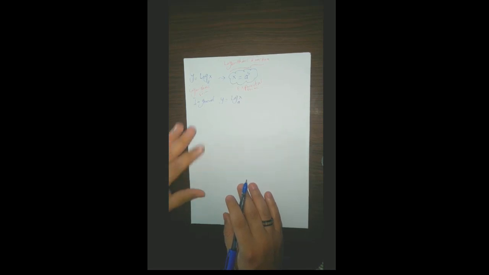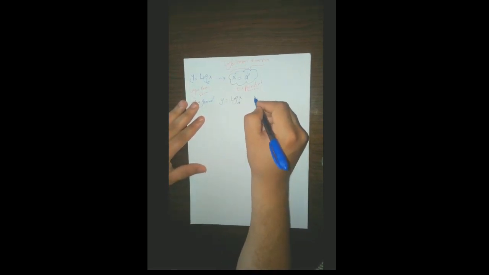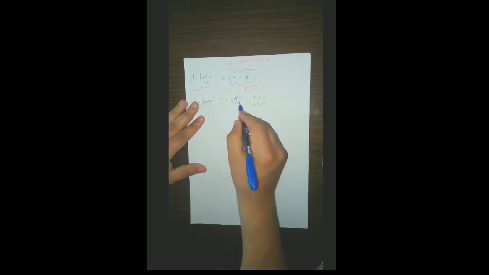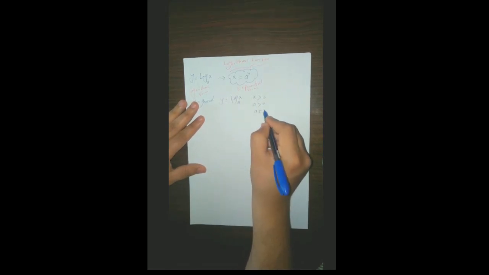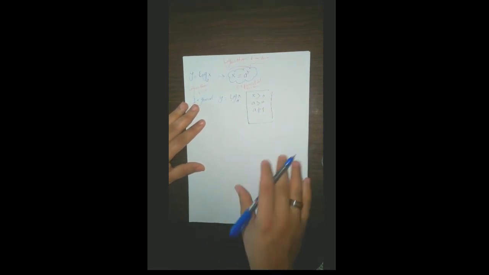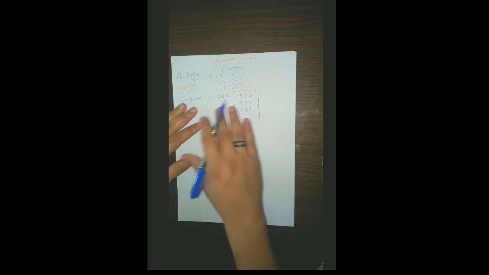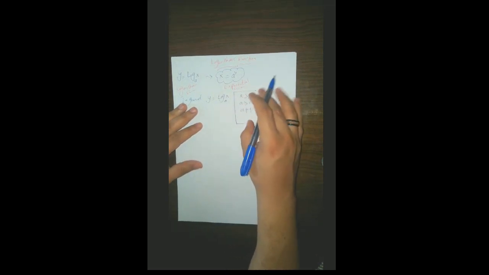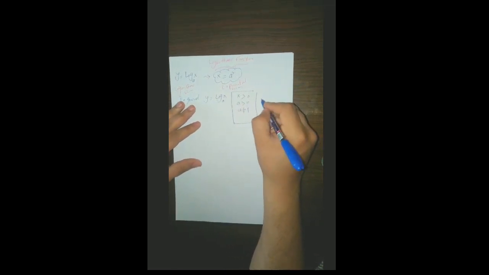Number one, x must be greater than 0. Number two, a greater than 0. Number three, a does not equal 1. These three conditions determine my domain.